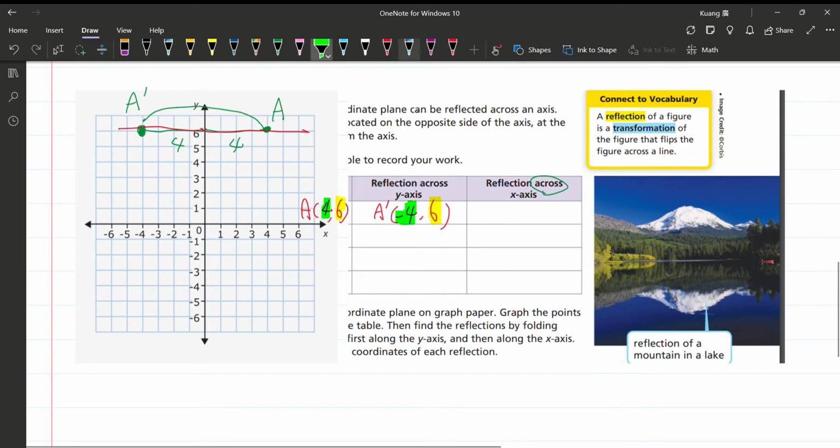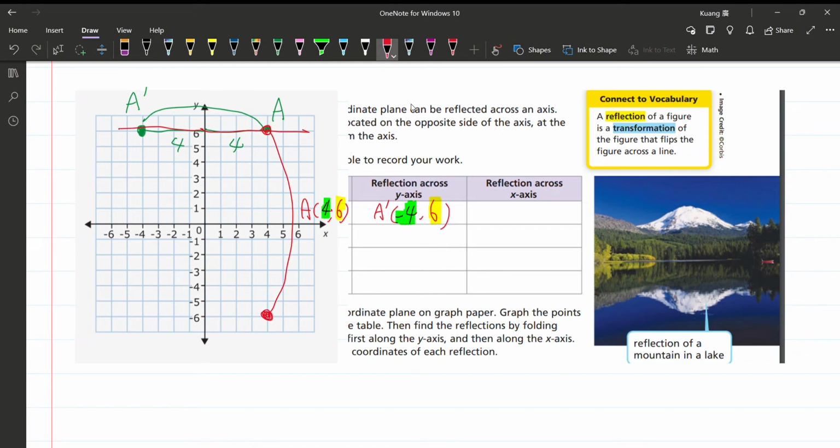Okay, how about reflection across the x-axis? So just jump this point over the x-axis, jump to the other side of the x-axis, but keep the same distance between this point and the x-axis. So you see 1, 2, 3, 4, 5, 6.